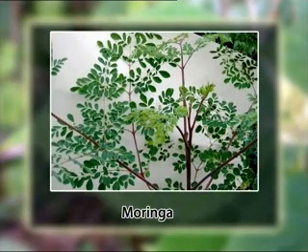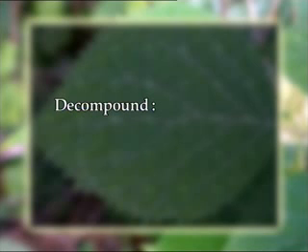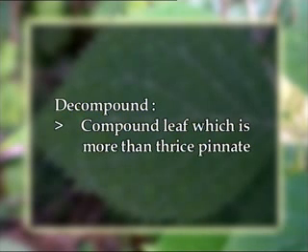A thrice pinnate compound leaf. That is, the secondary axis produces the tertiary axis which bears the pinnules. For example, in Moringa. Now, decompound. It's a compound leaf which is more than thrice pinnate. For example, in carrot, fennel, coriander, etc.